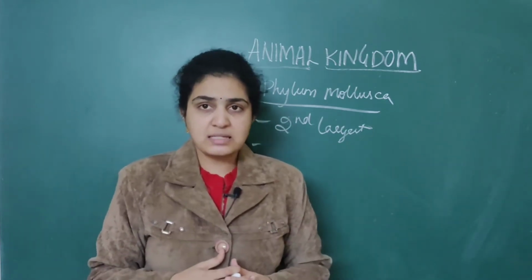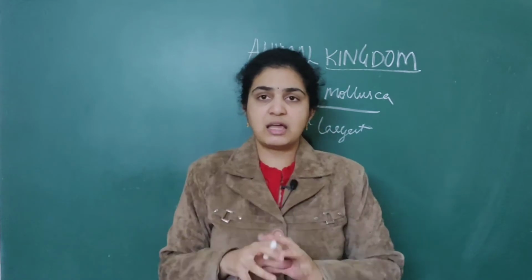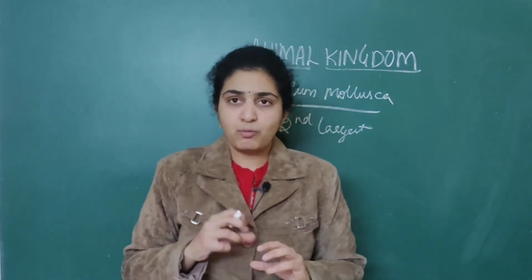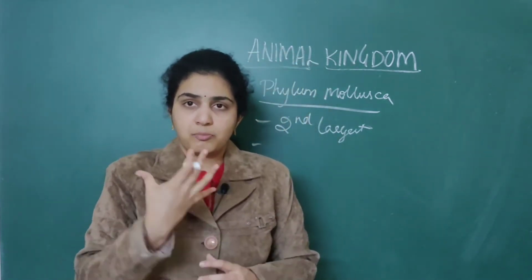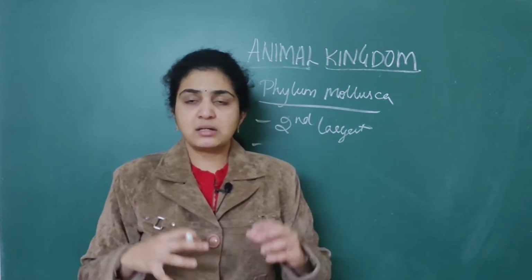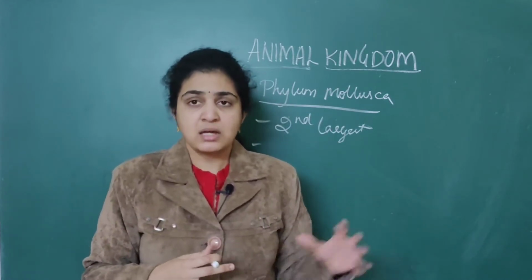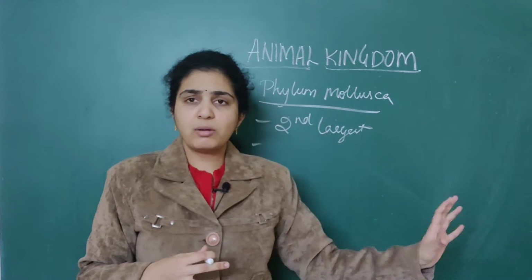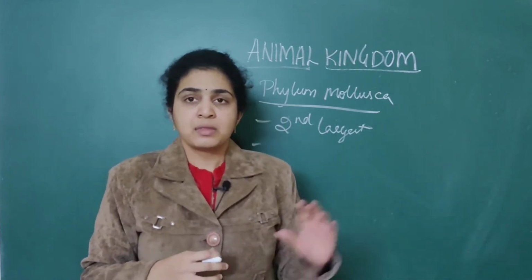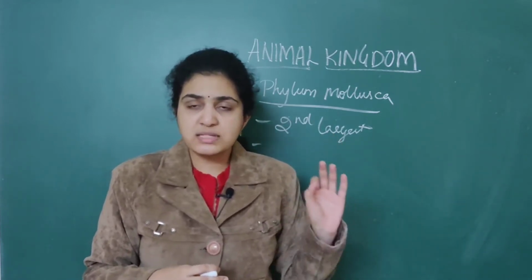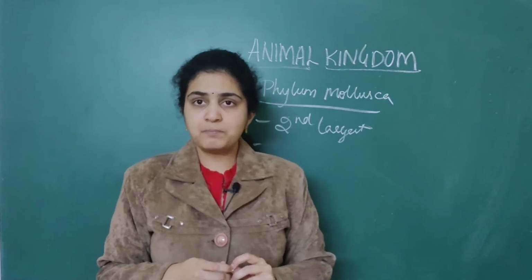Then organ system level of organization, everything exhibits the same. Then metamerically segmented will come, as well as coelomates. These all belong to coelomates. They all will have a true coelom associated with them.